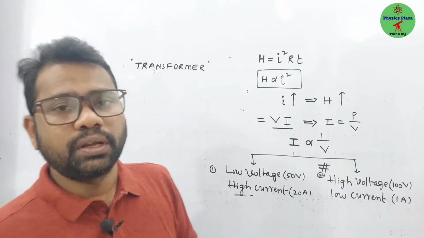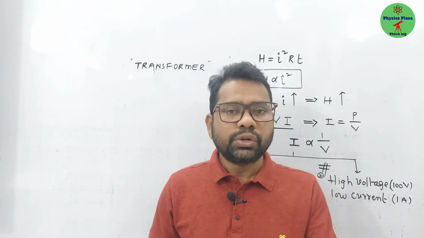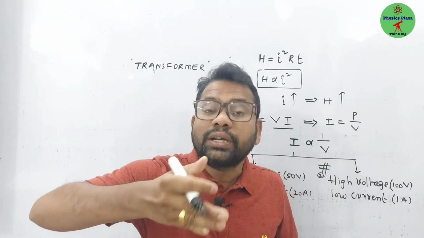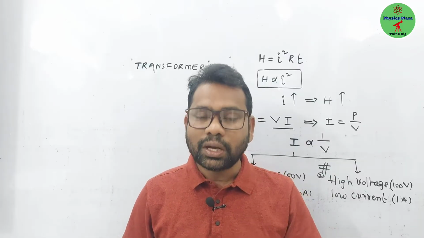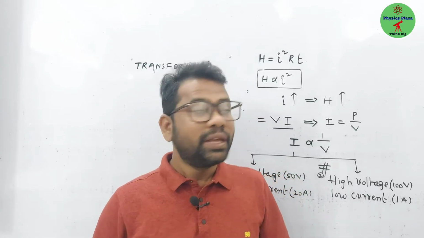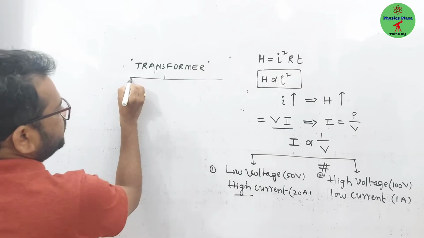It's just a mediator, but it's very important. It is a device which can change, which can alter the input voltage. So the device which can change the input voltage is called a transformer. Here we have two types of transformer, children.